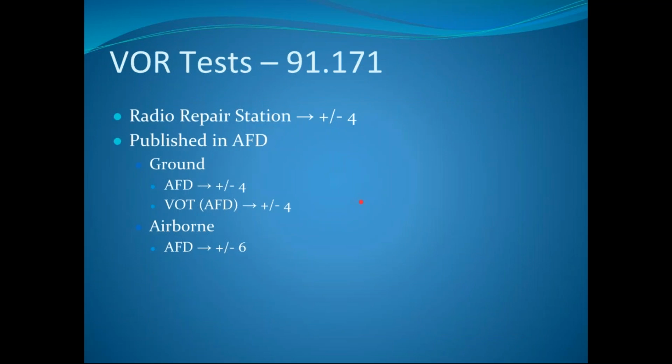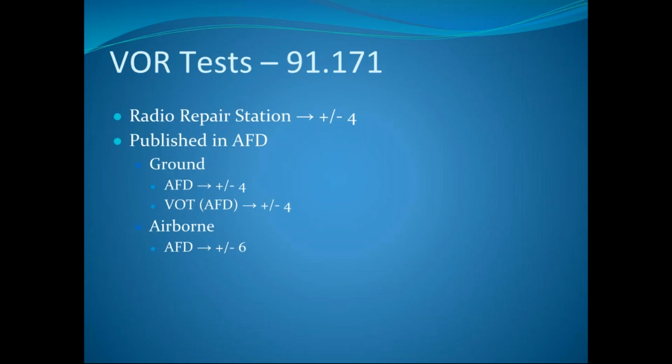VOR test can be done on frequency 91.171. It's just a radio repair station. It's plus or minus 4 degrees. This information is all published in the AFD or Airport Facility Directory. We tested on the ground.